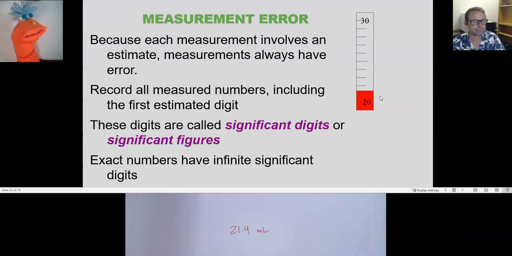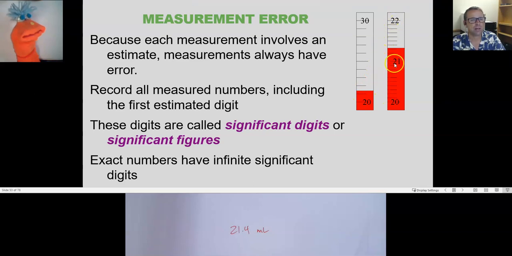Okay, sounds good. Now, what if I got a better scale? This scale expands my range between 21 and 22.